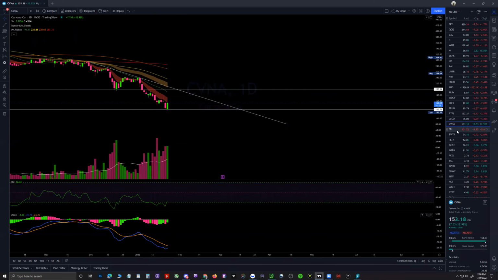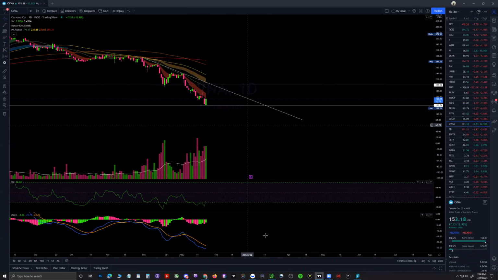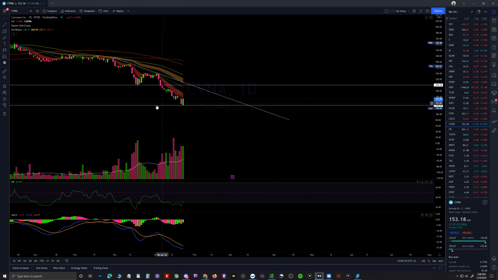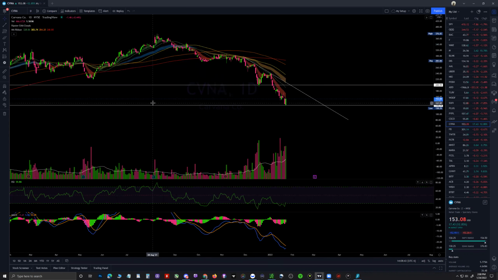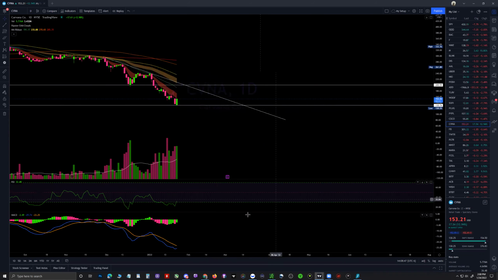Yeah. All right. So Carvana, let me take a look. I am a little bit bullish just because of this big candle here, the fact that we're sitting at support. But it's a little bit dangerous because of the fact that we're sitting at support. So we don't have earnings for a while. We are oversold on the RSI.